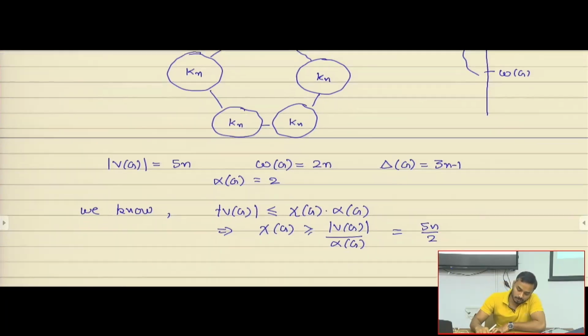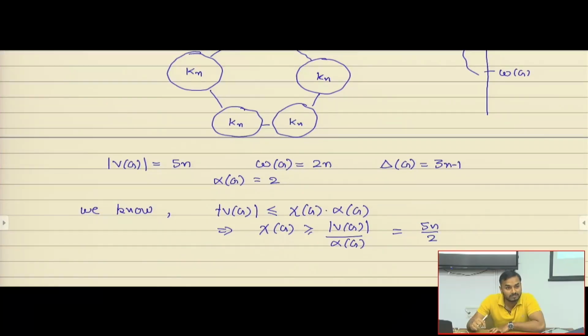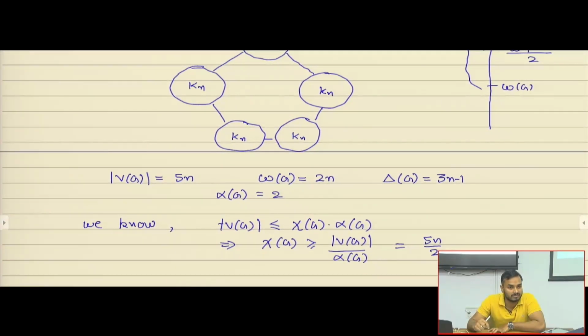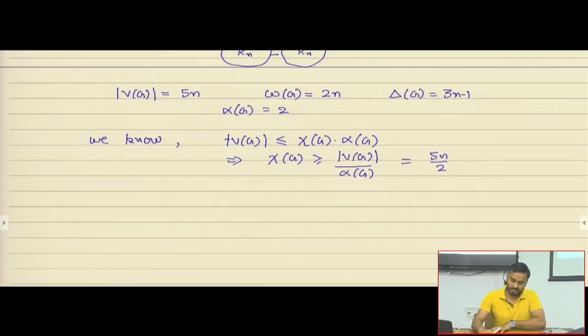Right? So, how are we going to do that? How are we going to color this graph with 5n by 2 colors? Exactly. So let us try to color.